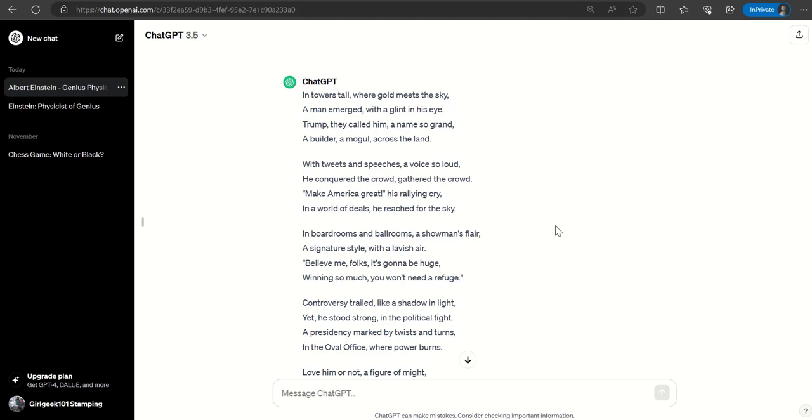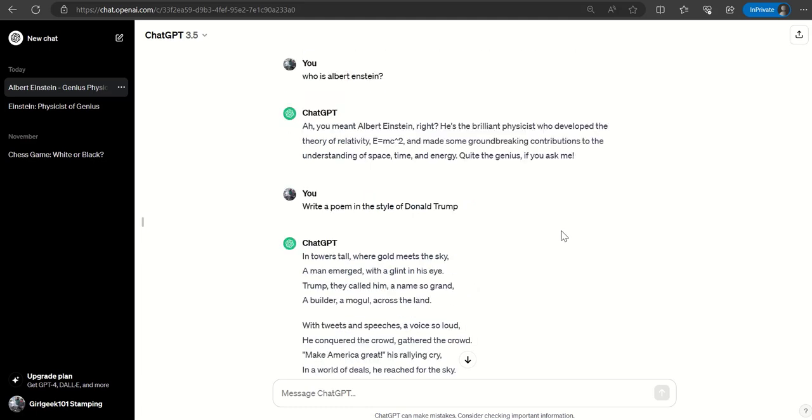Make America great, his rallying cry. In a world of deals, he reached for the sky. Now, as you continue to read this, you'll start to pick up on the influence of Donald Trump's style. Okay, kind of fun. And I don't mean to insinuate any political leaning there. I just want to show you that that kind of thing can occur.